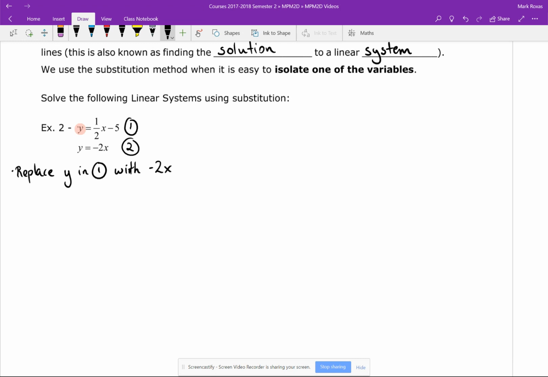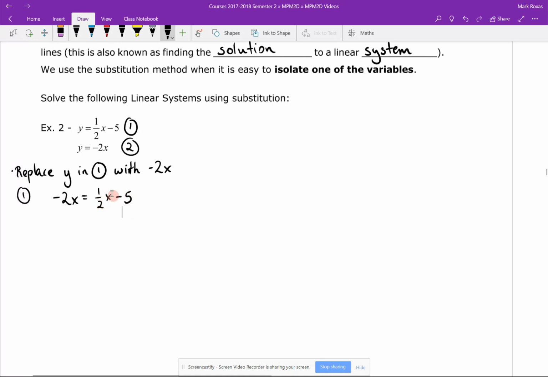So equation number 1, here we're going to replace the y: negative 2x equals, on the right side, 1/2 of x minus 5. Now you see the equation has no y variable anymore, it's just an x, which means we can solve for it.